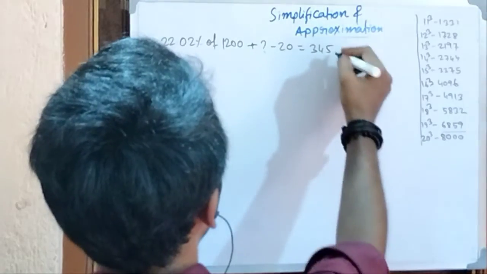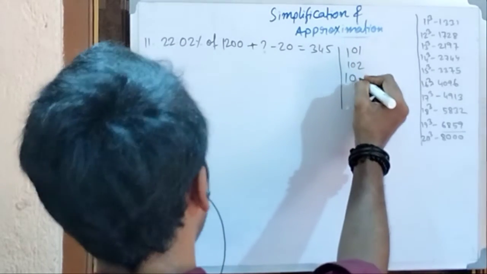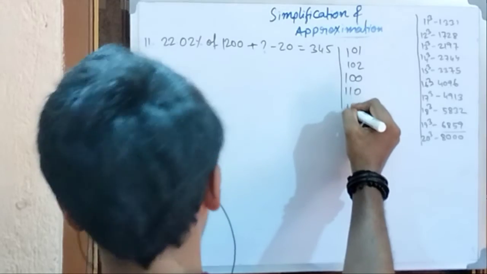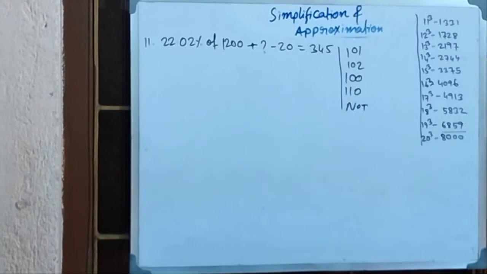Yes, I am giving the options here: 101, 102, 1100, 110, and none of these. So how would you do it?